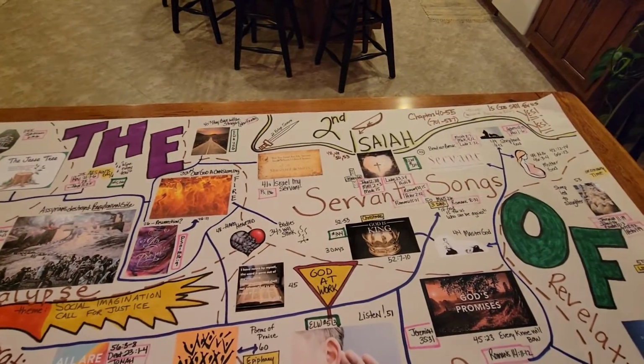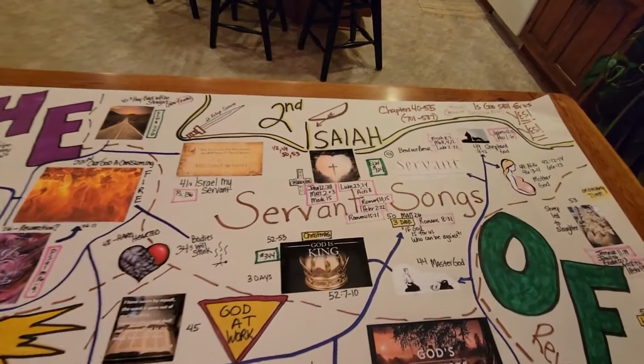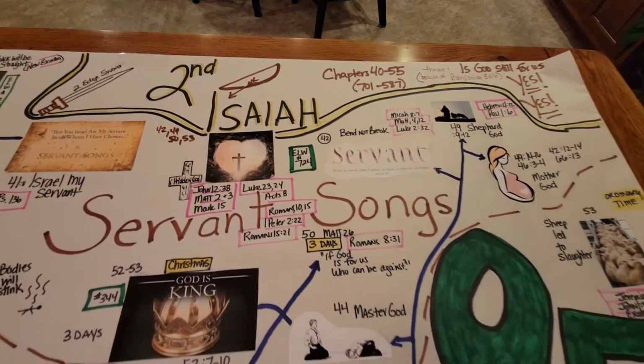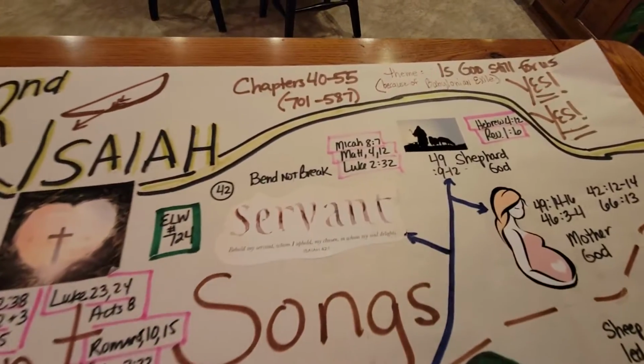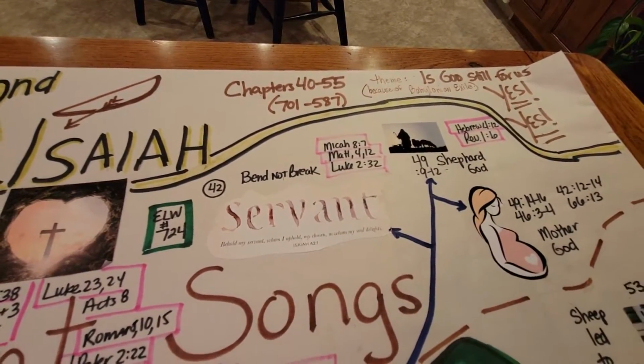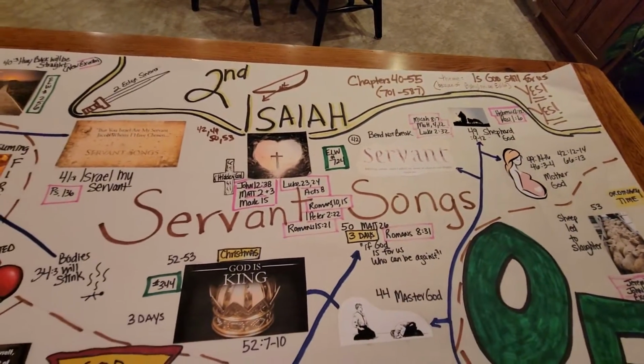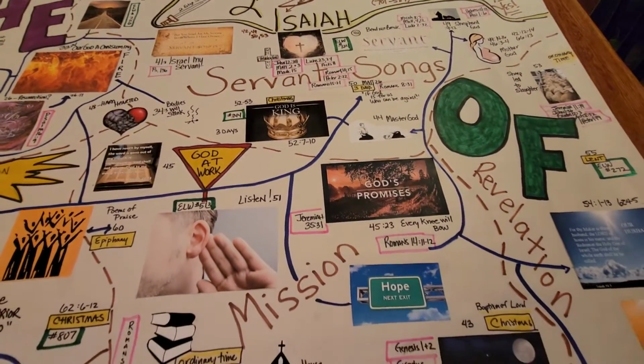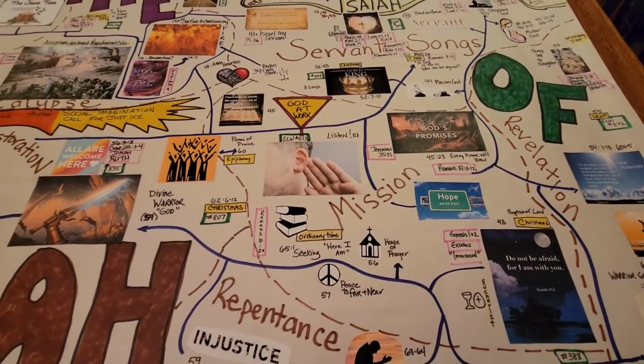Then in Second Isaiah, which is chapters 40 through 55, we've got servant songs, and the theme is, is Jesus still for us? Yes, yes. So we've got servant songs, mission, and revelation.